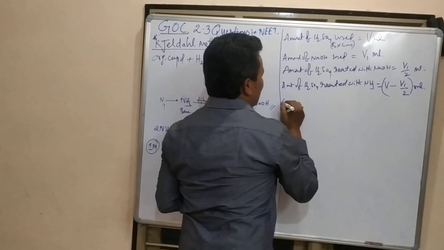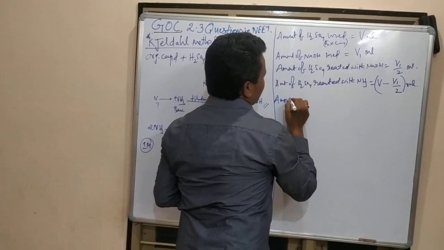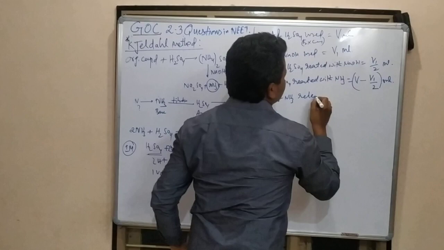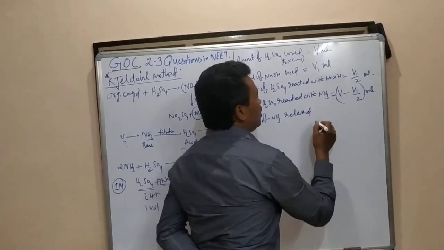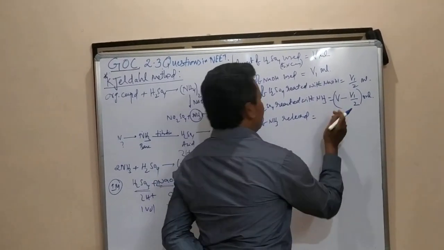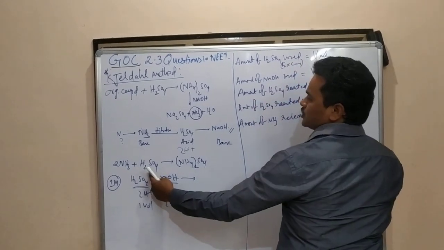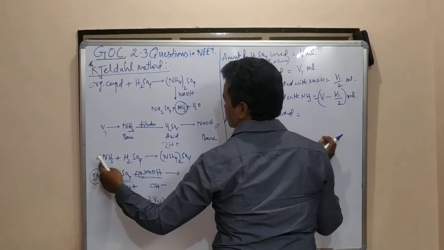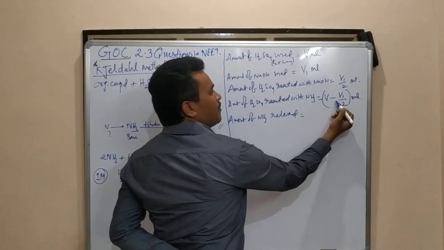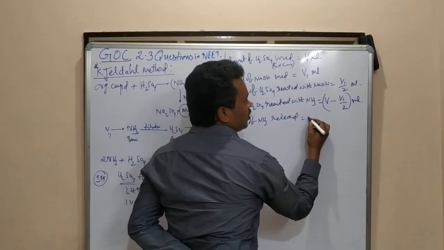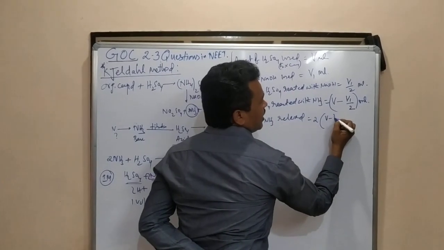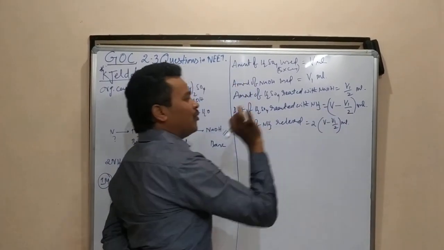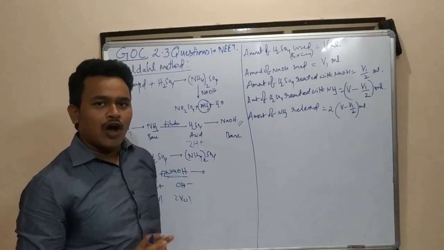Here 1 volume of H2SO4 means 2 volumes, so V minus V1 by 2 ml means 2 into V minus V1 by 2 ml of ammonia.